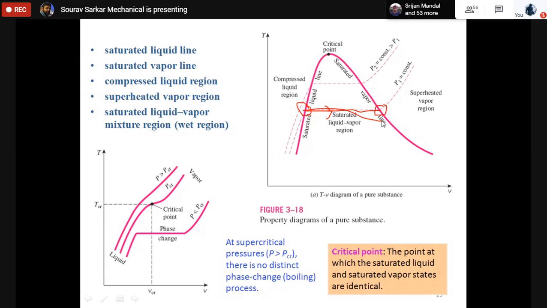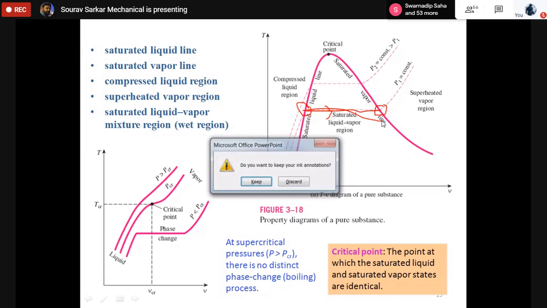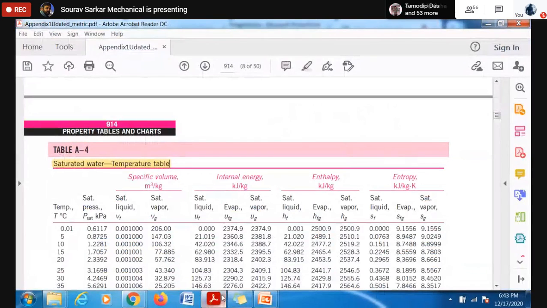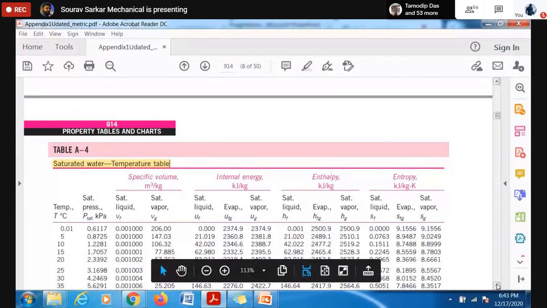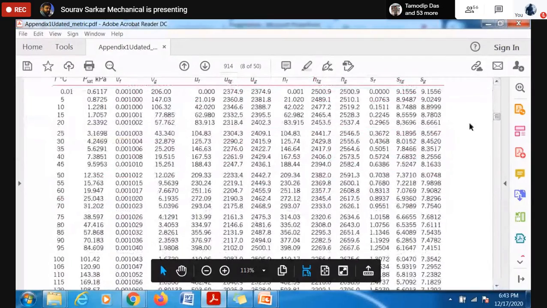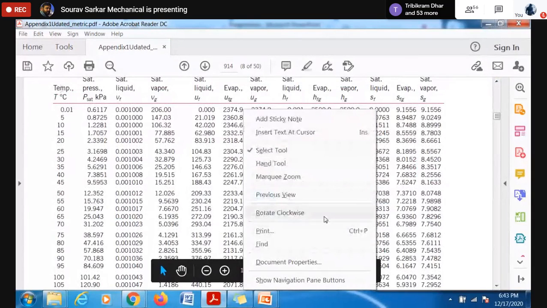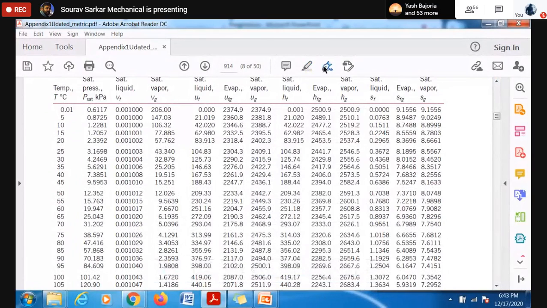So if you look into the table, what is happening in the table? In the saturated water table, in the first column, they have mentioned the temperature. So this is a temperature table.